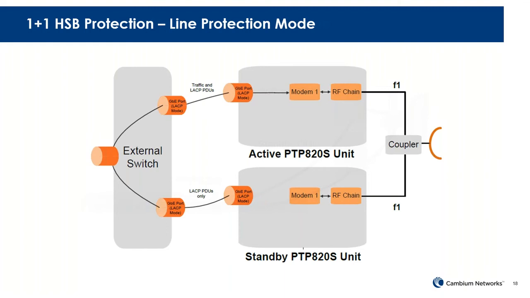On the antenna side, it's the same, you're going to use a coupler. So very important, when you want to use 1+1 hot standby protection in the line protection mode, you need to make sure that the external switch will support LACP. And of course, you also need to turn on LACP on the A20S as well.